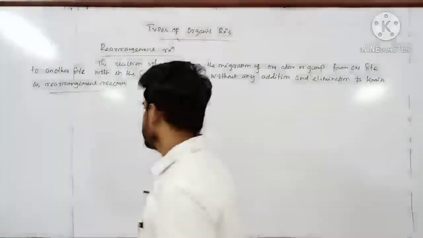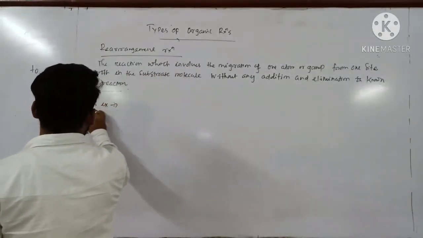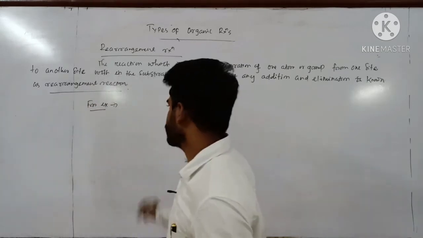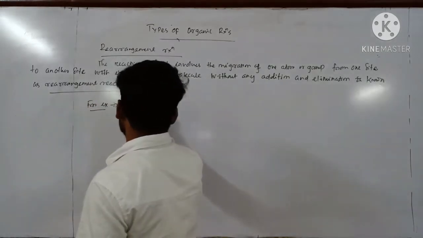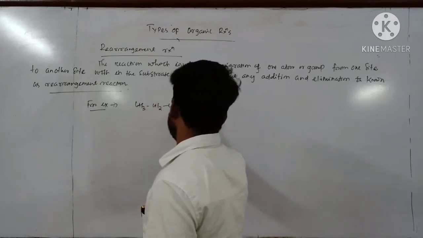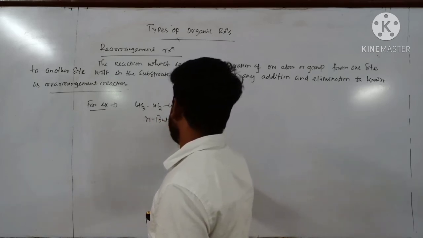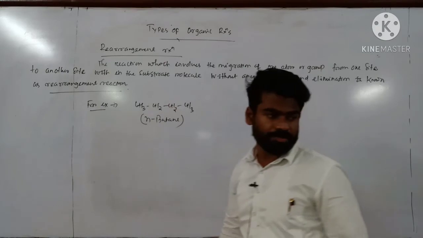How you see? For example, let's say this one, CH3CH2CH2CH3, let's say. This is n-butane. Clear?